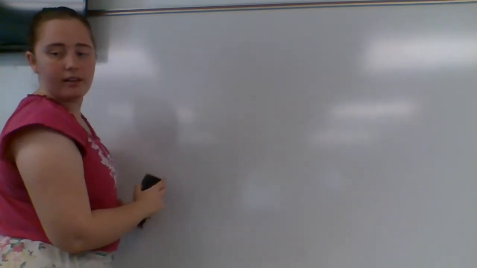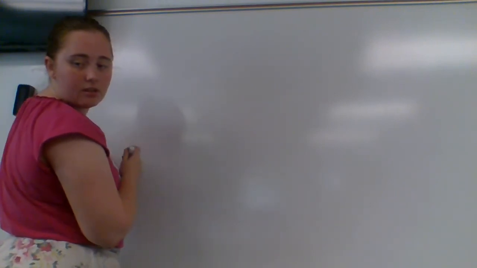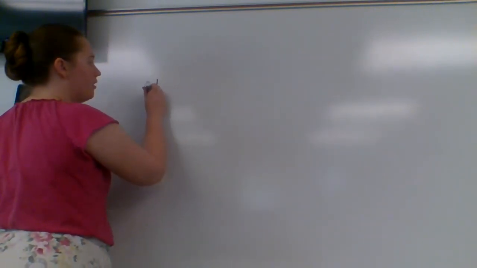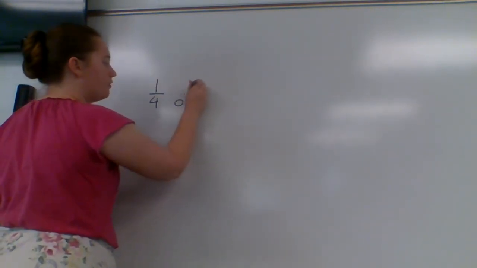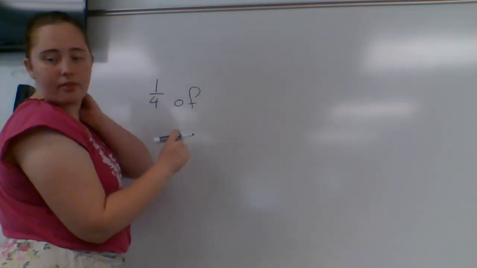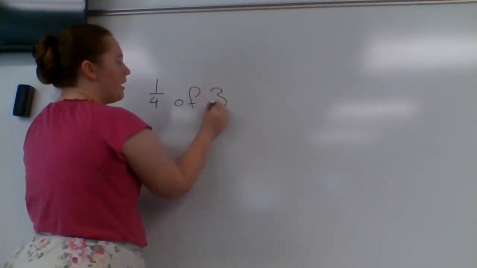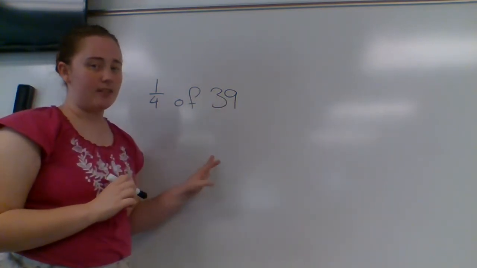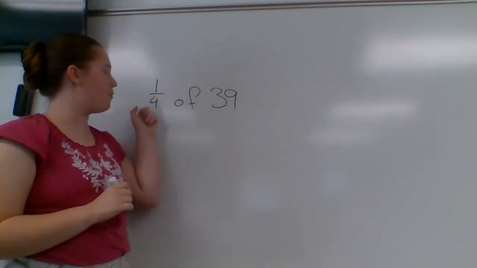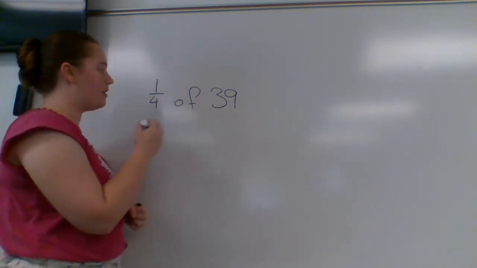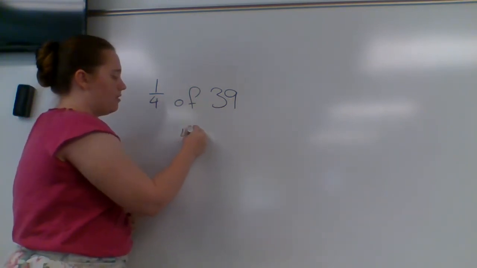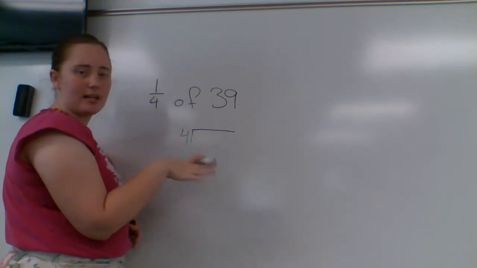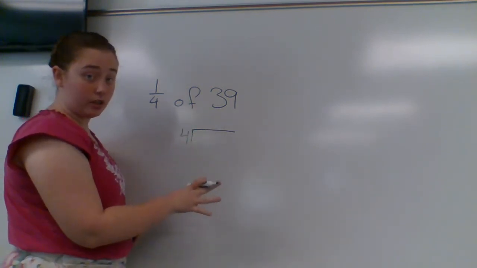That's 1 over 4. So 1/4 of 39. And I'm looking at this one. I don't think this one is going to come out even because I have 4 divided into 39. Let's try it. When I say it comes out even, that means whether it has a remainder or not.